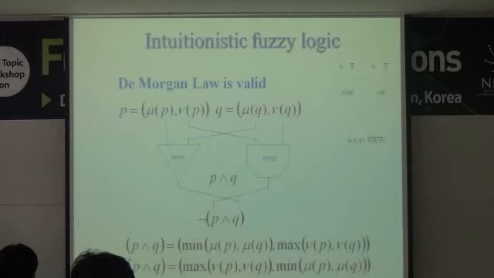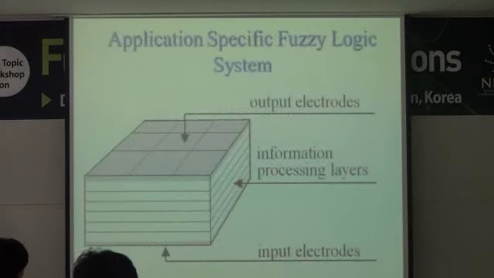And this intuitionistic approach leads to the same architecture as I presented before by the Morgan law, and again then we don't need the inverters at the input, but we need the falsity degrees of the values at the input.